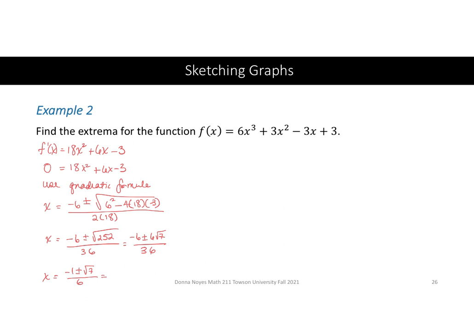And this is equal to, in decimals, 0.274 approximately, and negative 0.608 approximately. So we know where to put them on our number line.